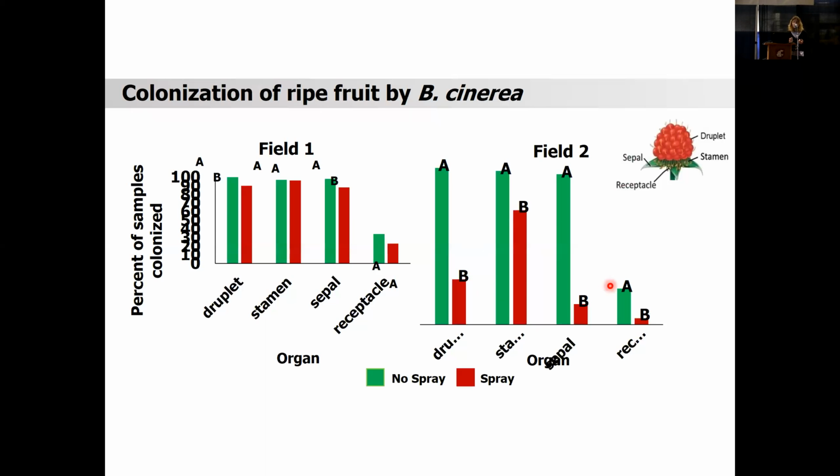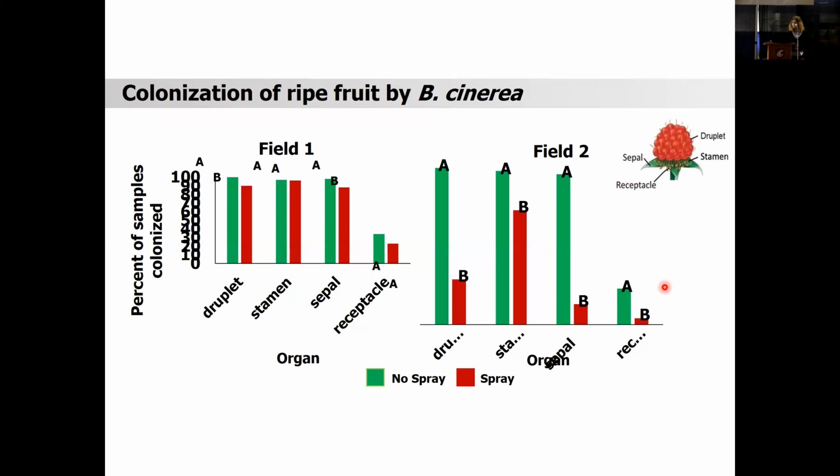As I said in the beginning, field number 1 was a much younger field with a much denser canopy. So our hypothesis is that because the plants had so many leaves on them, the effectiveness of coverage by fungicide sprays may not be as efficient on fruit as, for example, on field number 2, which had a much less dense canopy.